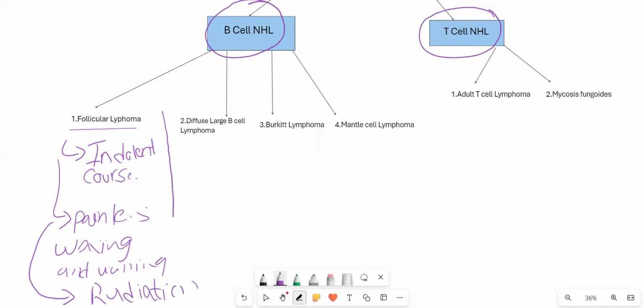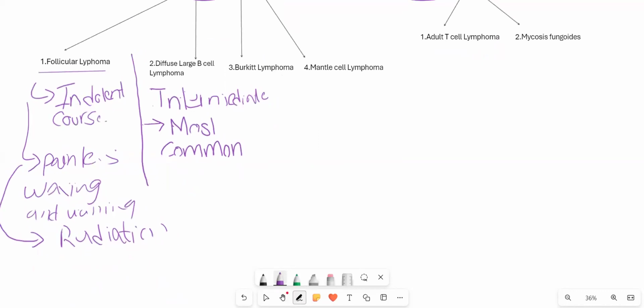Next is diffuse large B cell lymphoma. It is an intermediate grade, and it is the most common non-Hodgkin lymphoma in adults. It presents with a single large, rapidly growing mass.